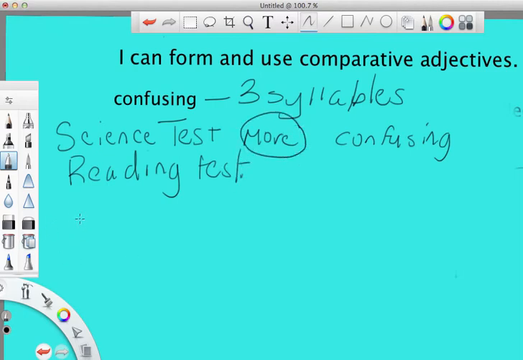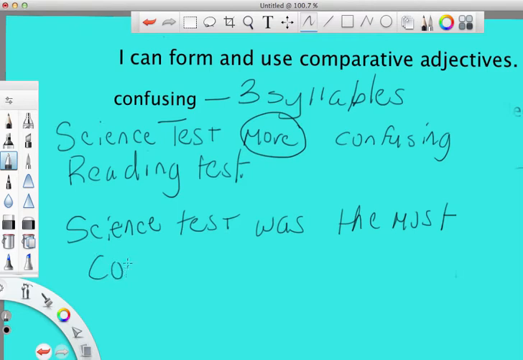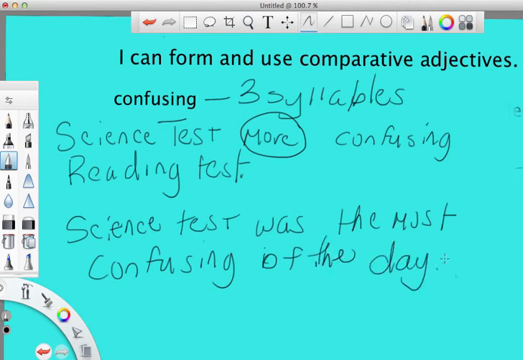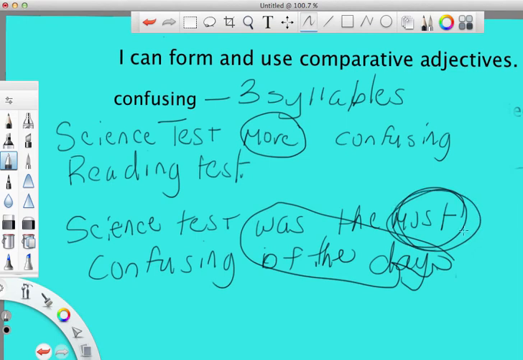However, if I say the science test was the most confusing of the day, that means all of the things of the day. Of all the things in the day, it was the most confusing.